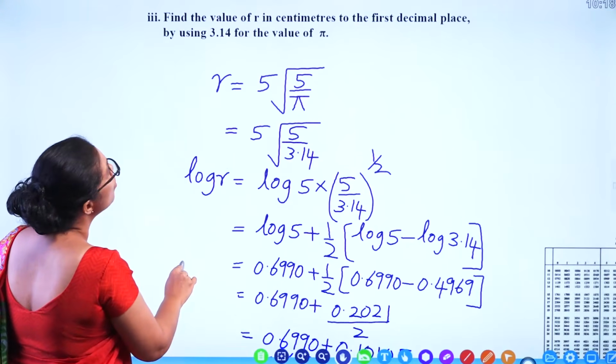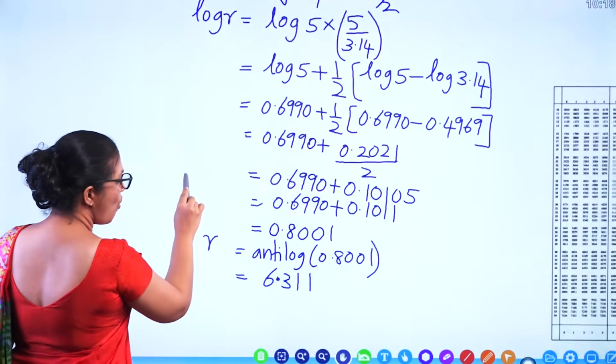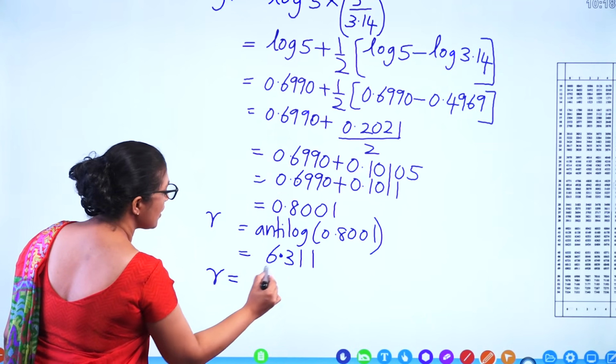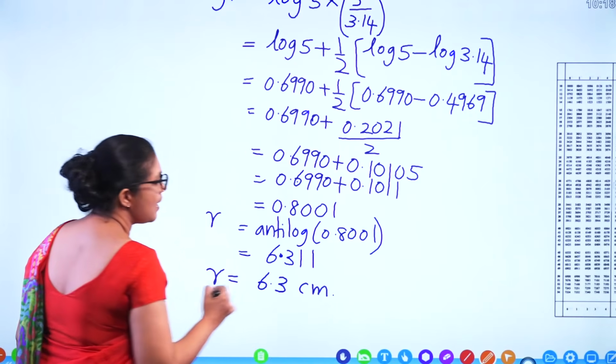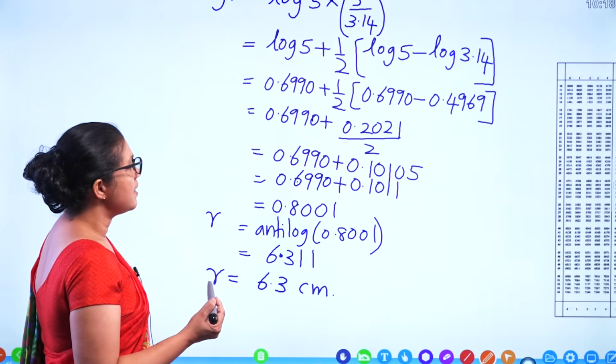Correct to first decimal place. So correct to one decimal place, what's the r value? 6.3 centimeters. So that's the radius of this cylinder.